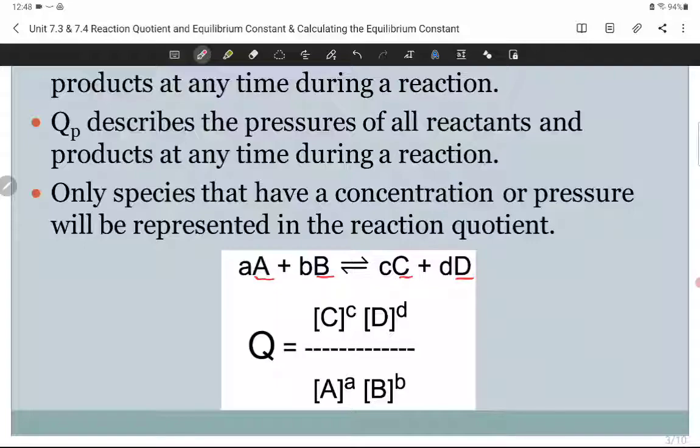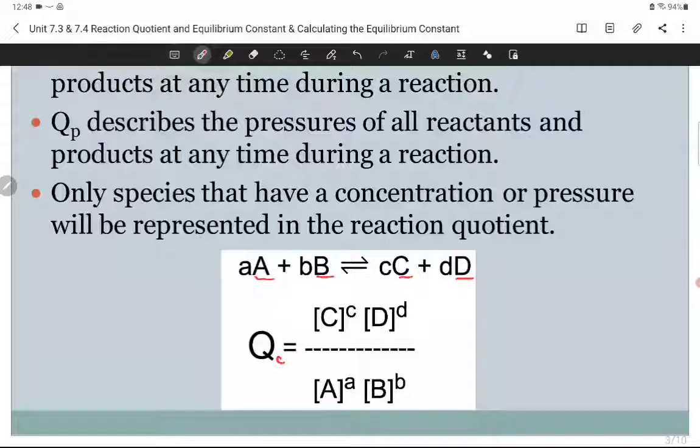But the brackets, capital C means concentration. So I guess this would have to be a QC, and typically people do not designate these as QC or QP, even though we did talk about that up above there.